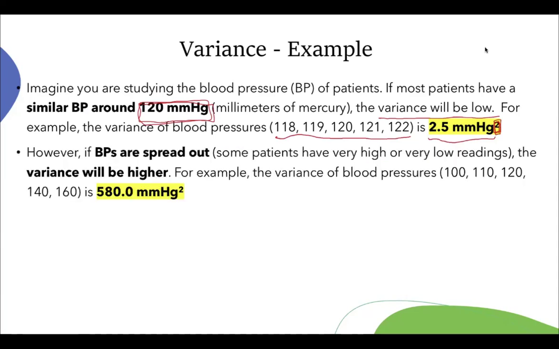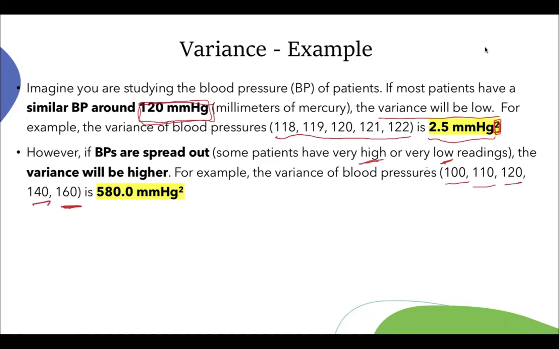On the other hand, if the blood pressures are spread out, and some patients have very high blood pressures and some patients have very low blood pressures, we're going to have a higher variance. So this indicates a greater difference between all of the patients' blood pressures. So imagine blood pressures that range from 100, then say 110, 120, 140, 160.